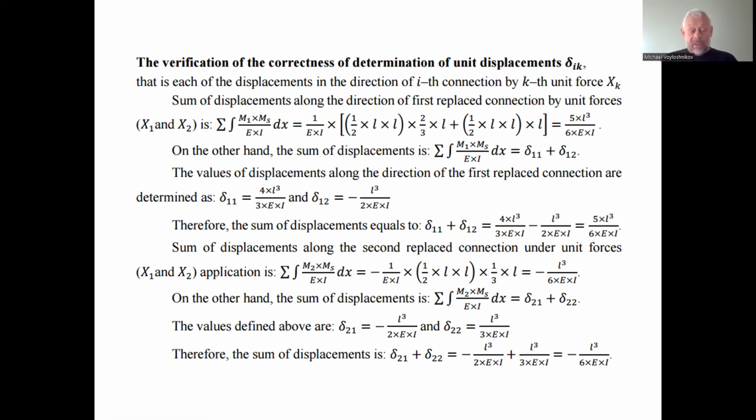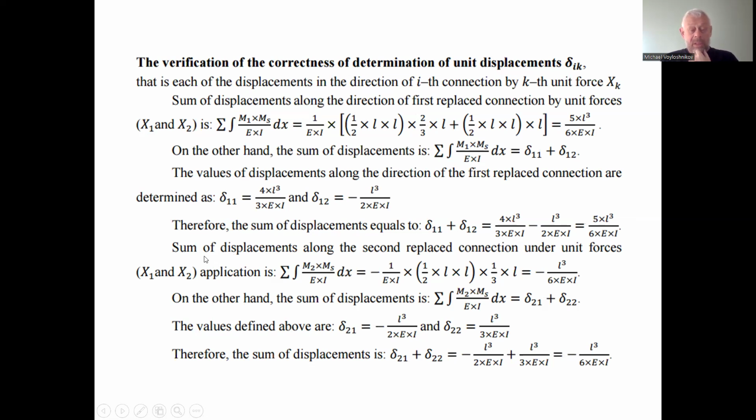And if we consider the two previously found displacements under the influence of the first and second unit forces in the first direction, we can do the total and find the same result. So we assume that we found the factors for the canonical equations correctly.